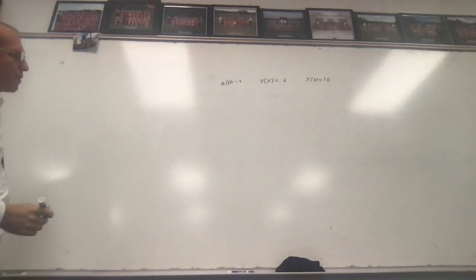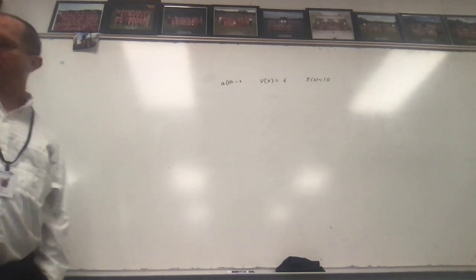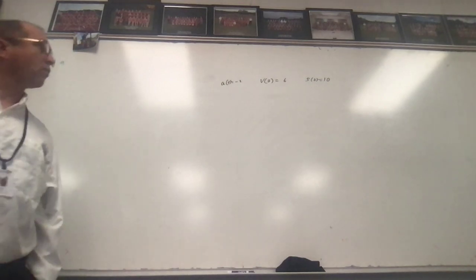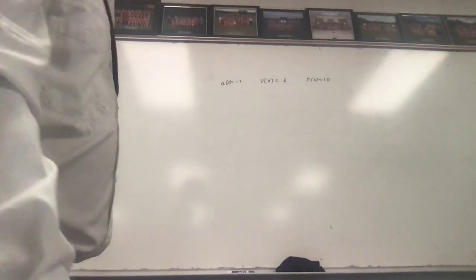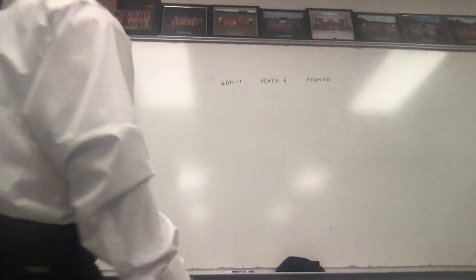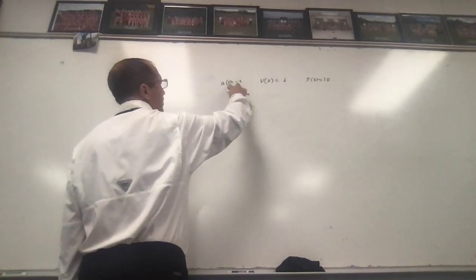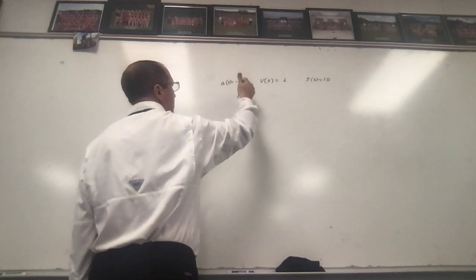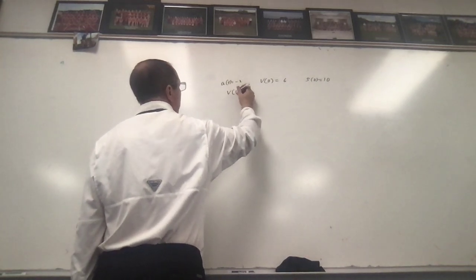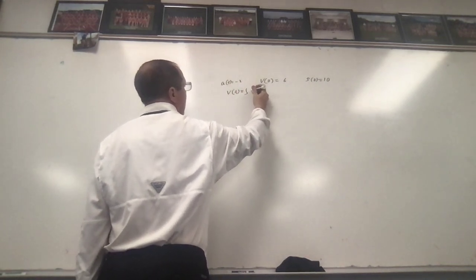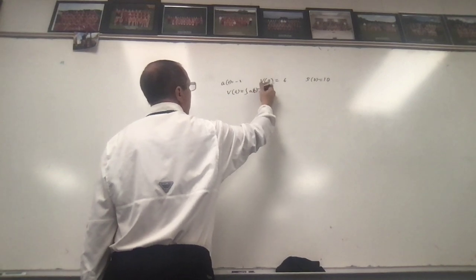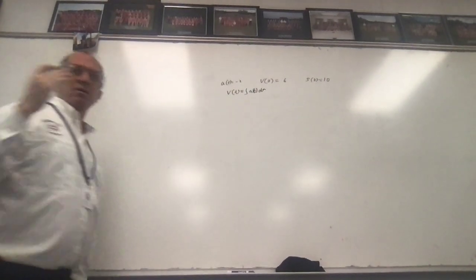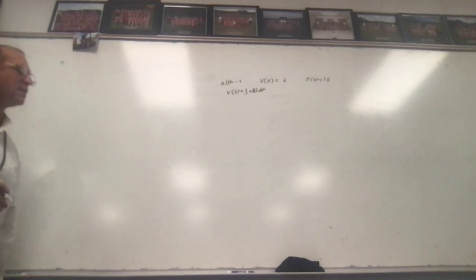Now, we're wanting the initial position equation. That's our ultimate goal here. We want that initial position equation, but we have to start off with this fact that A of t is -2. So what do we know from here? Well, we know that V of t is the antiderivative of A of t dt, because the derivative of velocity is acceleration.